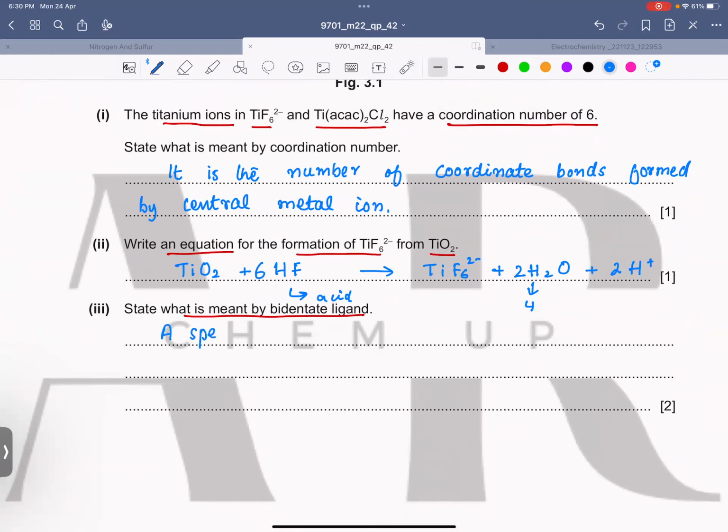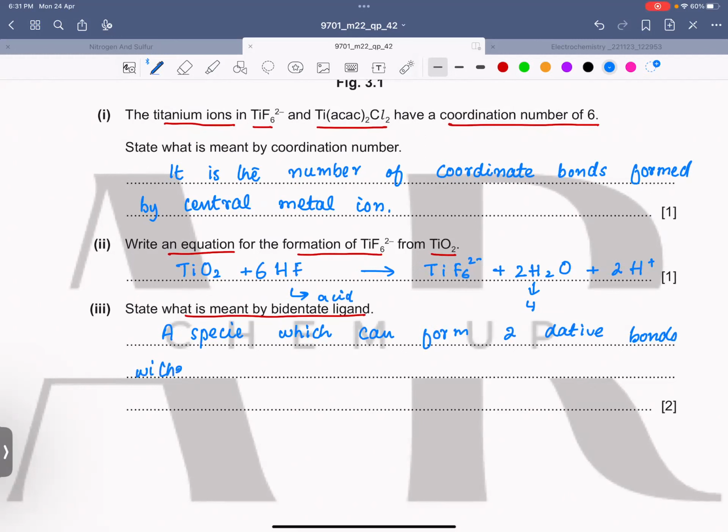It is a species which can form two dative bonds with the metal ion as it has two lone pairs of electrons. Is this clear?